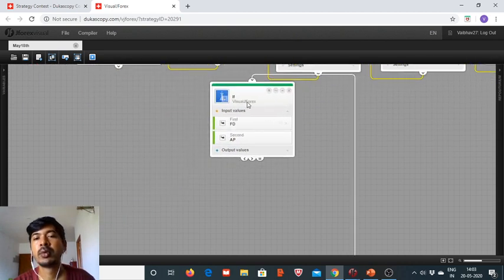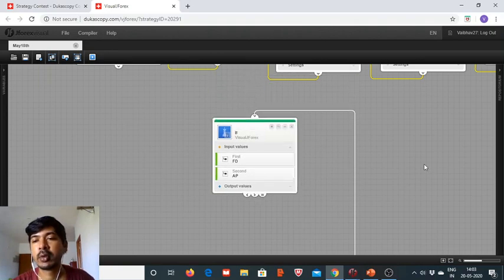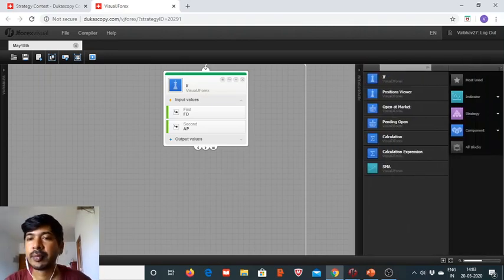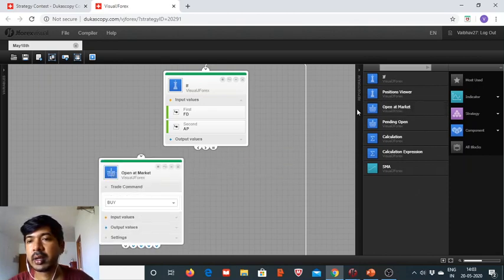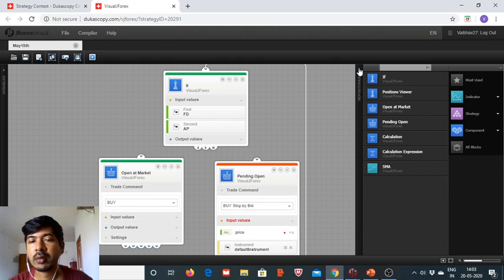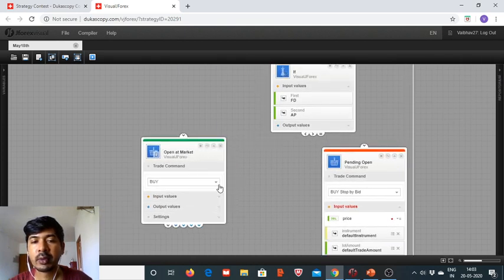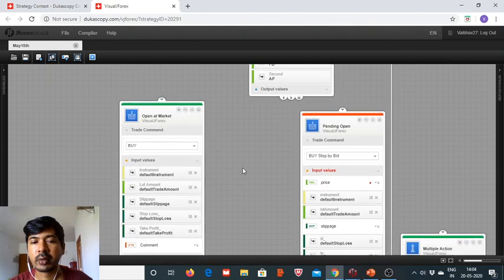Now we have two ways to deal with this situation. As I said while explaining on the chart, we will be going in for two different setups here: open at market and pending open. So here both these trades are going to be for the buy.